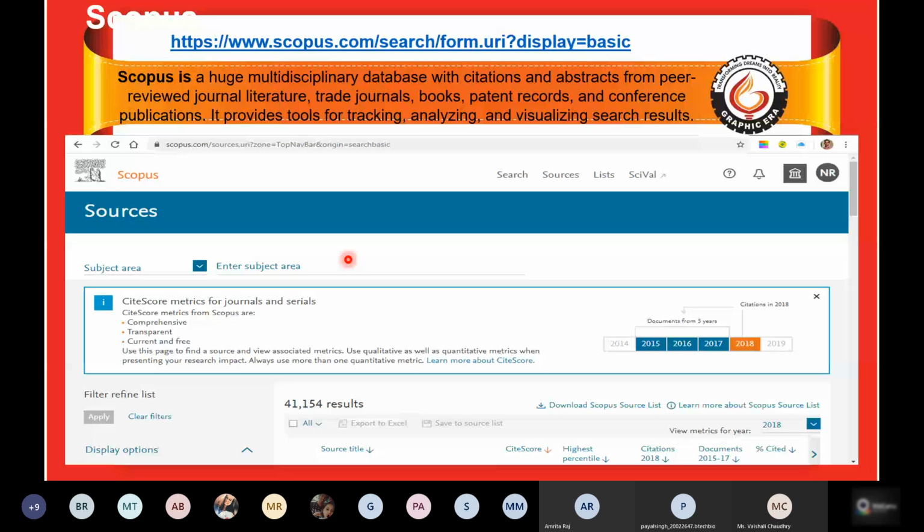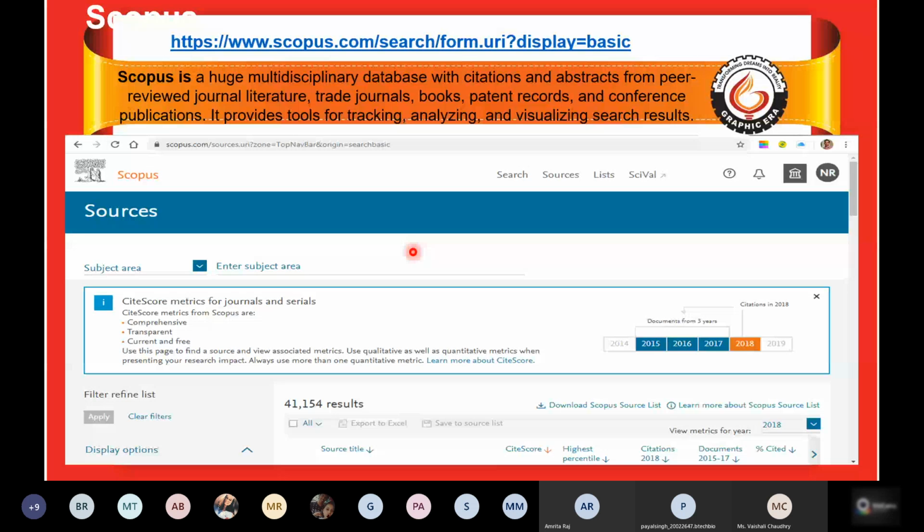So Scopus, this is the link. Scopus is a huge multidisciplinary database where you will find abstracts from peer-reviewed literature. All the reputed journal publications are available in this database, even books, patent records, and conference publications.